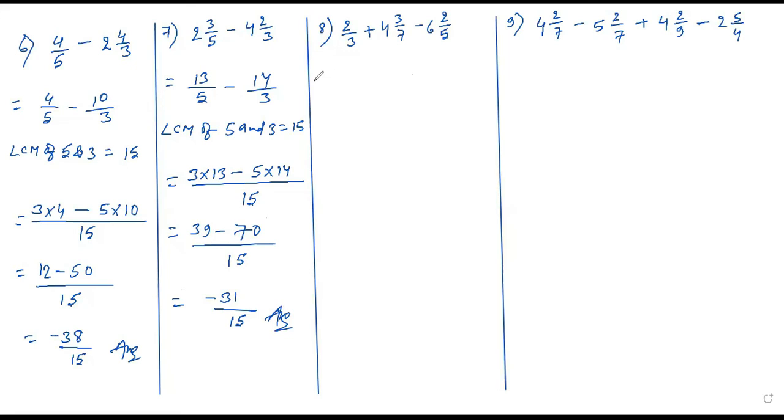Now this again: 2 by 3 plus 4 whole 3 by 7 minus 6 whole 2 by 5. The first step is to convert all of them into the simplest form. 2 by 3 plus 7 fours are 28 plus 3, 31 by 7, minus 5 sixes are 30 plus 2, 32 by 5. All the denominators are different.